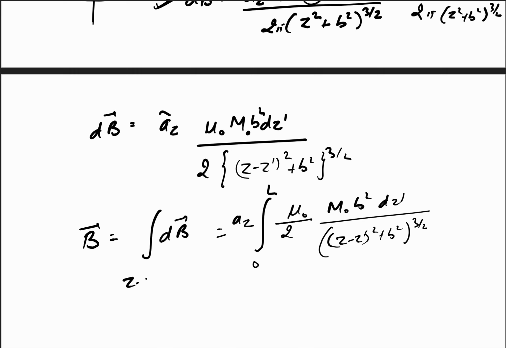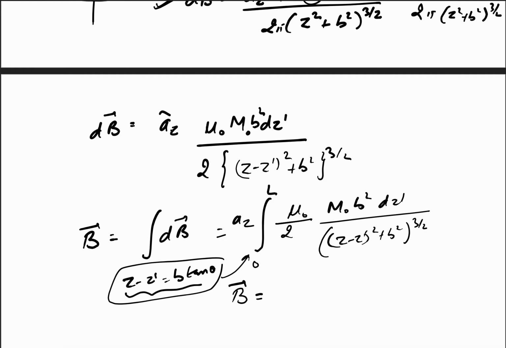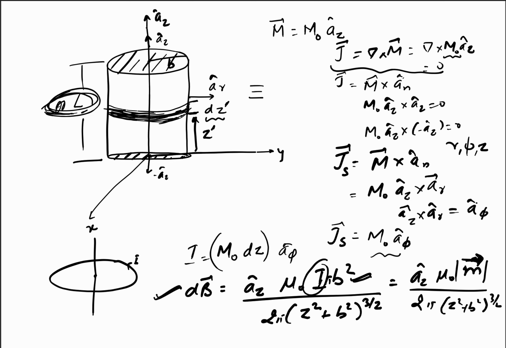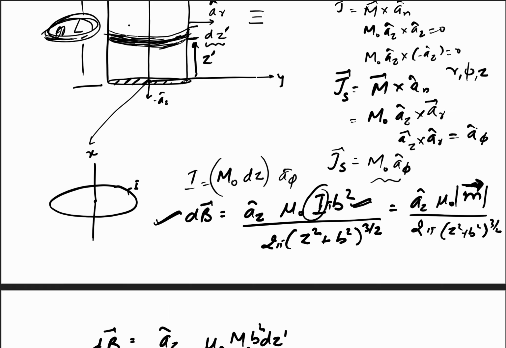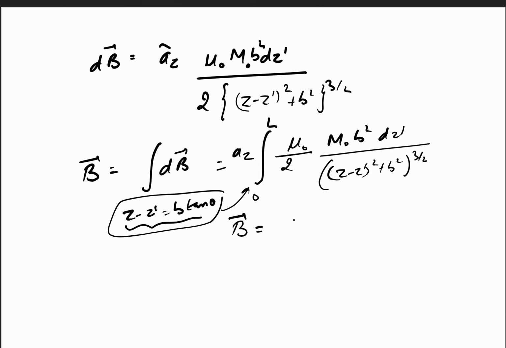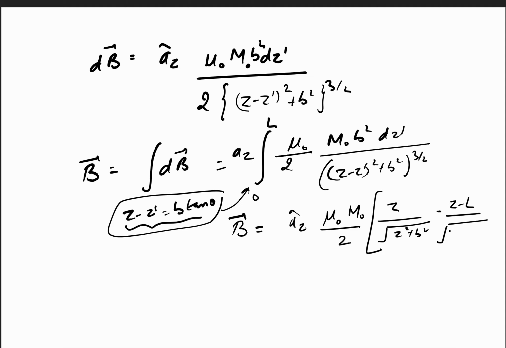Now if I put z minus z dash equal to b tan theta, we can proceed from standard integral tables, and we will find that the field on the axis at a point P, which is at 0, 0, z, is simply B equal to az mu naught M naught over 2, times z over under root z square plus b square, minus z minus L over under root z minus L whole square plus b square.